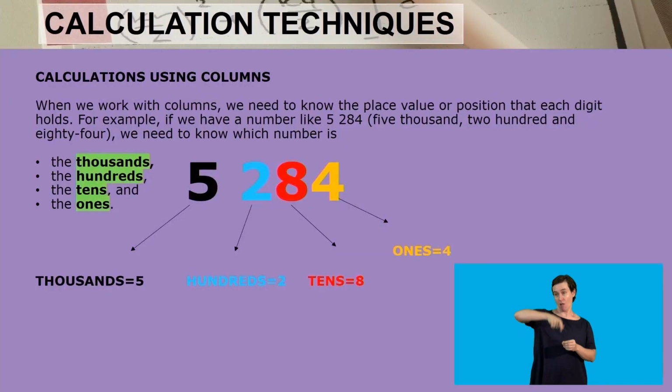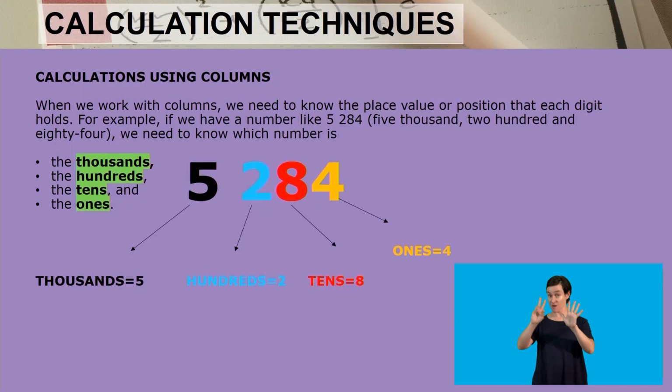When we work with columns, we need to know the place value or position that each digit holds. For example, if we have a number like 5,284, we need to know which number is the thousands, the hundreds, the tens, and the ones. So here's the number that we are given there as an example, 5,284.